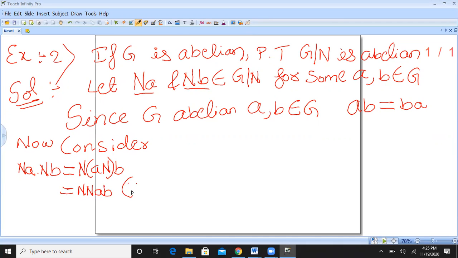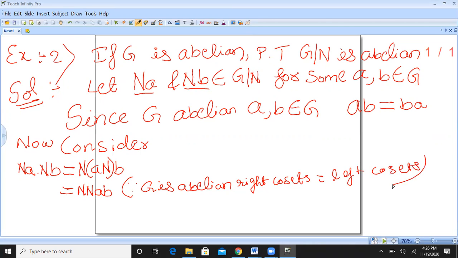We write this because G is abelian, so right coset is equal to left coset. Right cosets are equal to left cosets. Okay, Nb now.